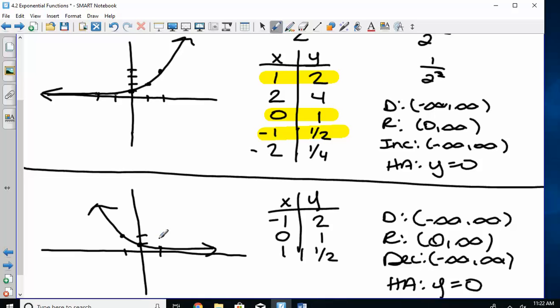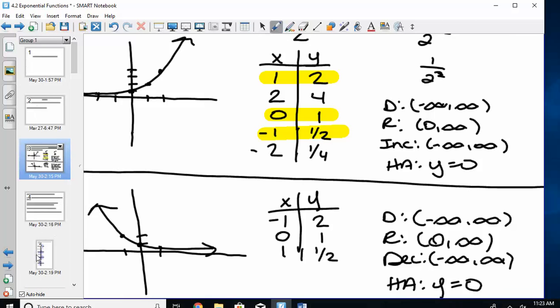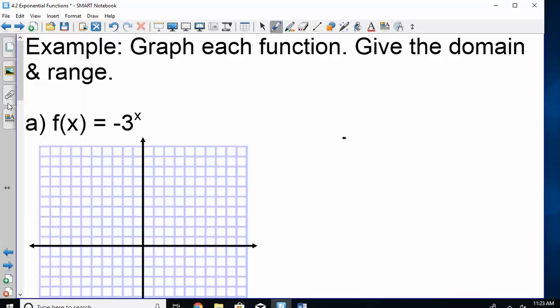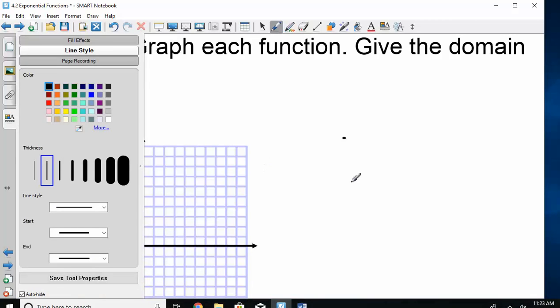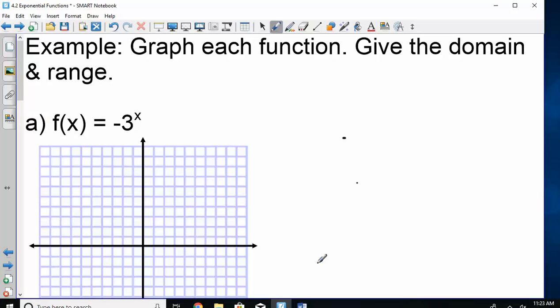Now, the thing that could change these would be, of course, transformations. So let's look at some of those. So for each of these, we are going to draw a graph and do domain and range. So if I said f of x equals a -3 to the x.